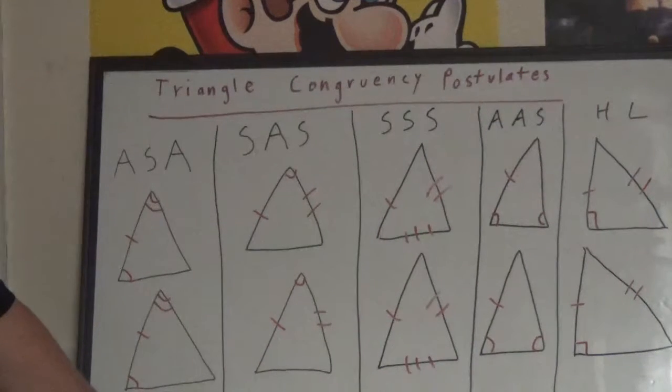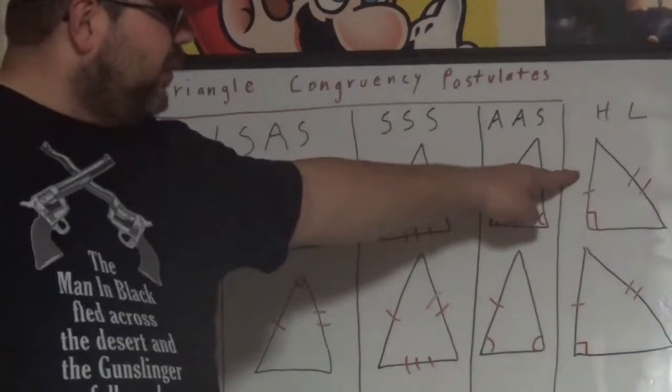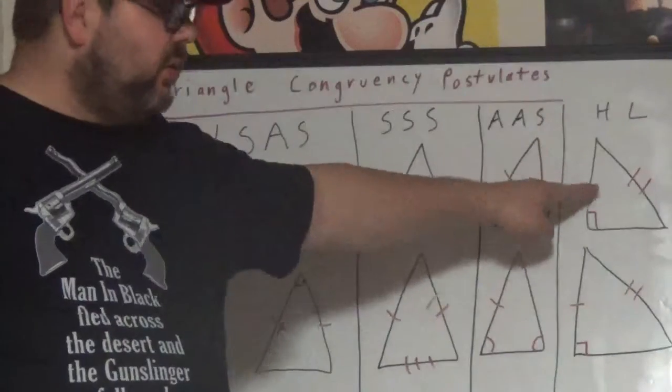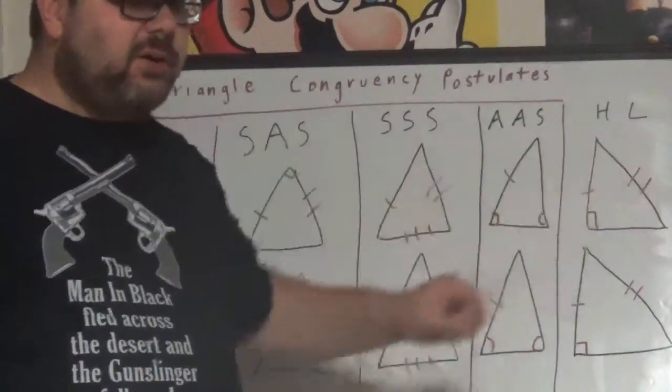The reason for this is that for a right triangle, there's something called the Pythagorean theorem, which we'll talk about in a later video. It says that the length of one leg squared plus the other leg squared equals the hypotenuse squared.